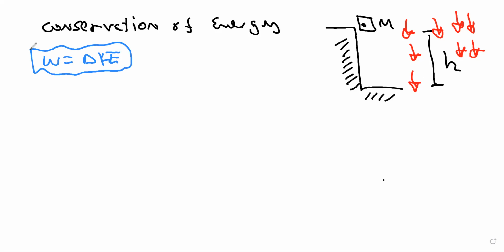But also, in this case, we have a force going this way, which is mg, and that would be a gravitational force. And the displacement to move this particle was from the point A to the point B. The point B is over here.